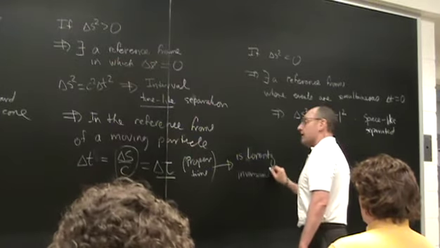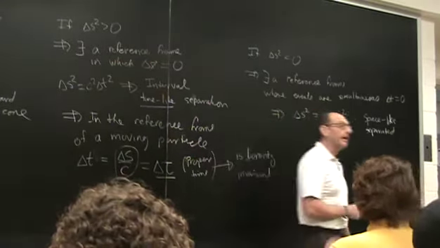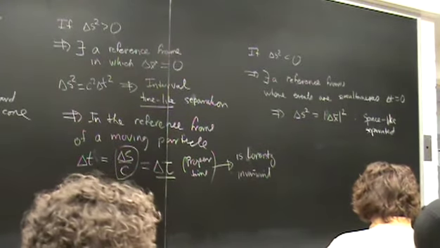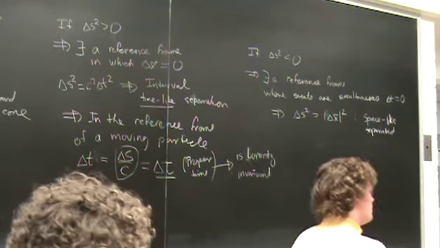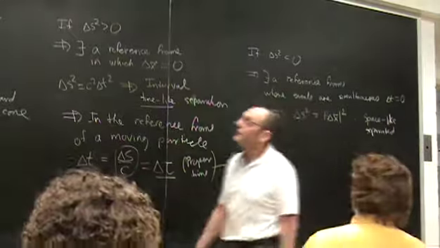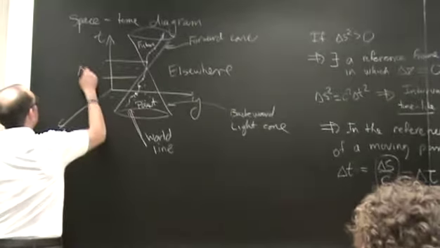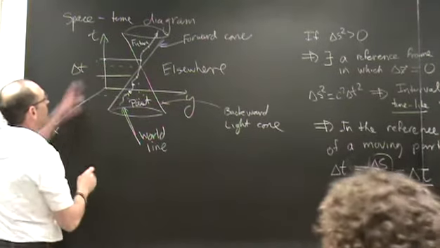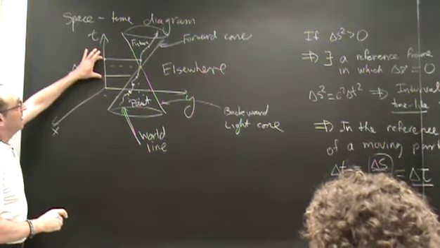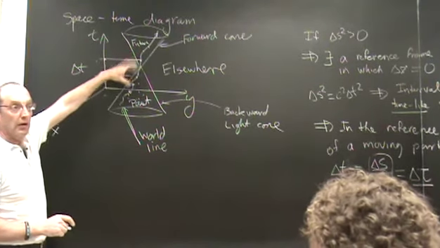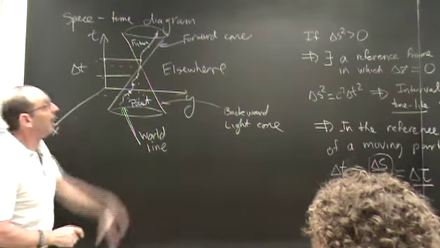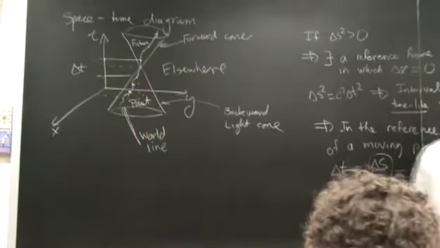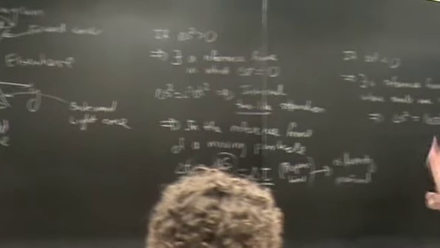Because we just said that delta s was Lorentz invariant and c is Lorentz invariant, so the proper time is Lorentz invariant. Which means that if there are two events that occur, here they are, if delta t is the time interval between these two events in this reference frame, watching this particle move in space and time, then that time interval is related to the time interval, well, that's not exactly true.